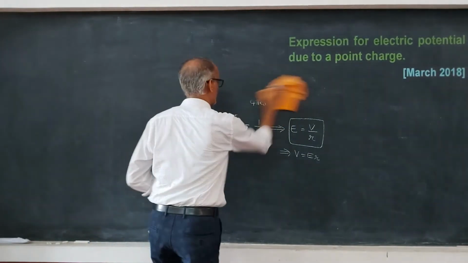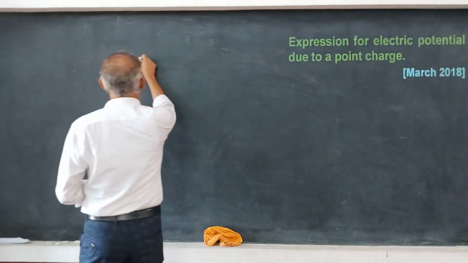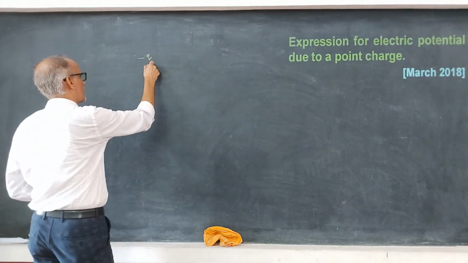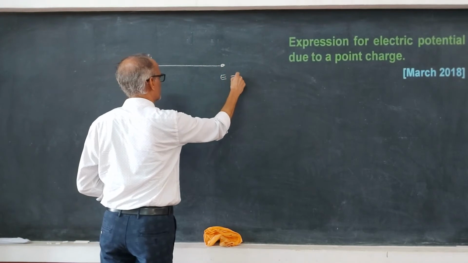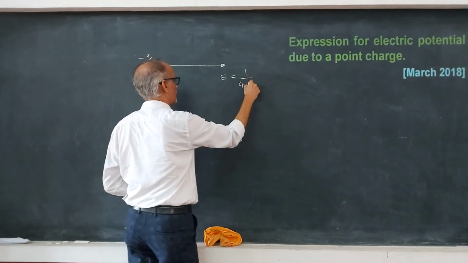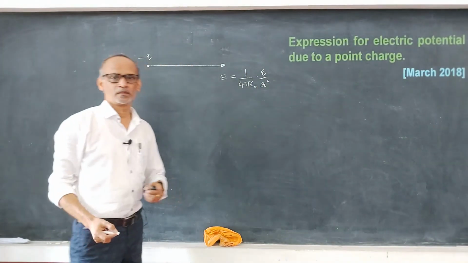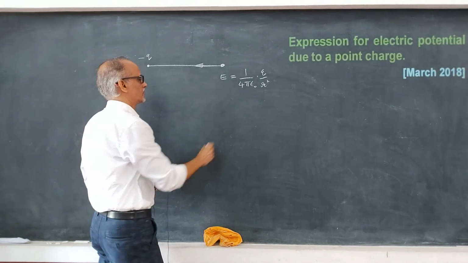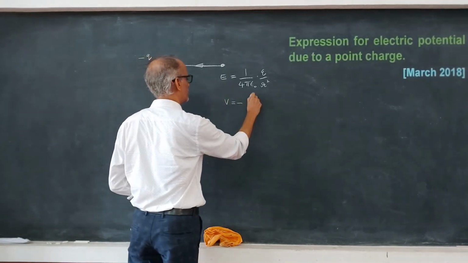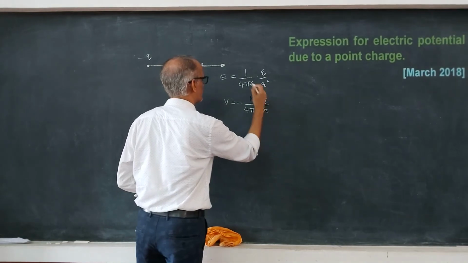Now, instead of positive charge, if I consider a negative charge, then the electric field at that particular point will remain the same in magnitude, E is equal to 1 by 4 pi epsilon naught q by r square, and it is directed towards the charge. But potential is minus 1 by 4 pi epsilon naught q by r.